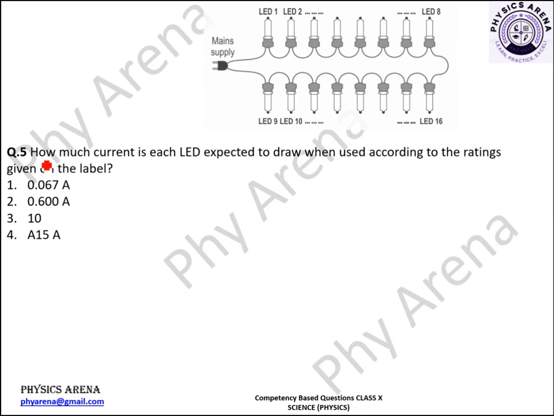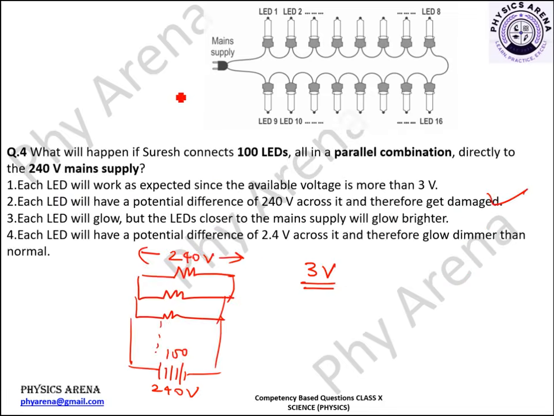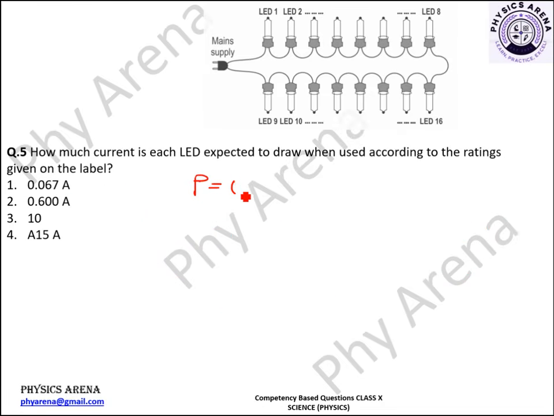Let's take question 5. How much current is each LED expected to draw when used according to the ratings given in the label? So in the label, the power rating is given as P equal to 0.2 watt and the potential difference rating is 3 volt. So P is equal to 0.2 watt and V is equal to 3 volt.